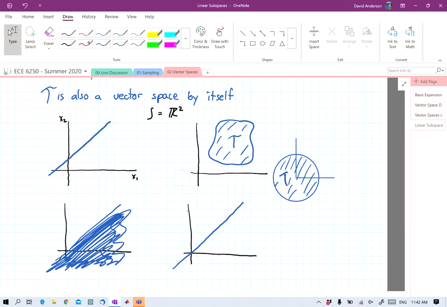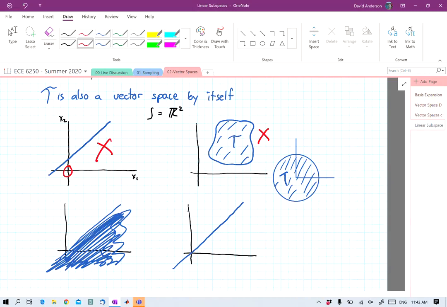Well, starting with the upper left here, we can rule this one out immediately because it doesn't have the origin. So we need to have the zero vector in the vector space. And we can rule this one out on a variety of grounds. One is that we don't have the zero vector.